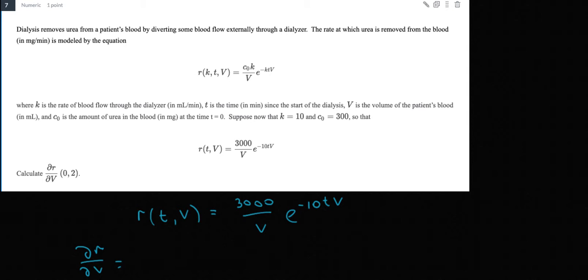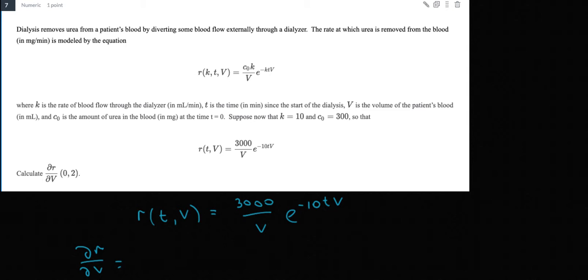Now, what we're asked to do is to calculate the partial derivative of this rate R with respect to the volume V at the point (0, 2), where 0 is the value for t and 2 is the value for V.